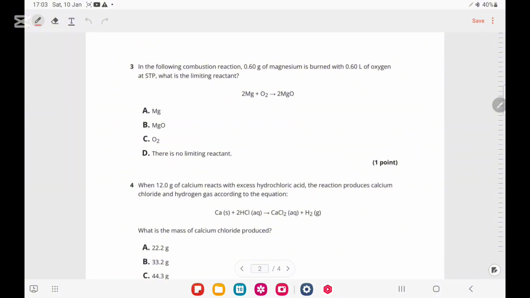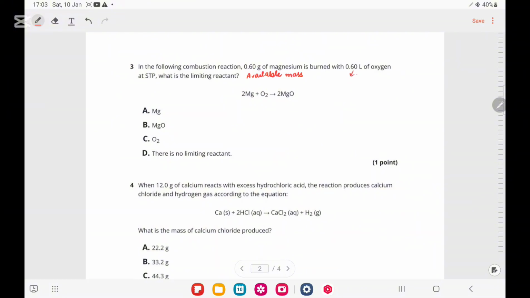In this question they say, in the following combustion reaction 0.60 gram of magnesium is burned with 0.60 liter of oxygen. What is the limiting reactant? First of all, the given mass is the available mass and this is the available volume.